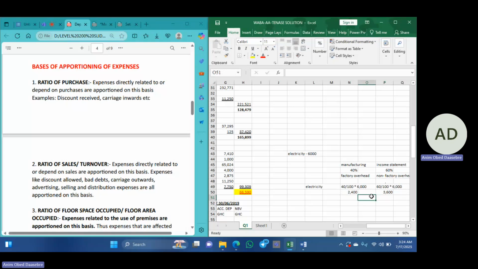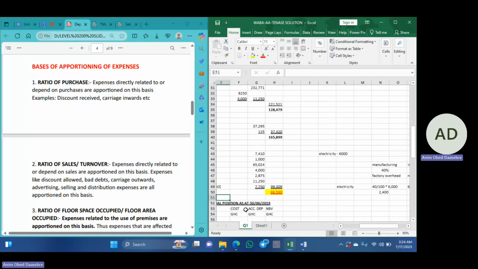When you add them, you see that we get 6,000. So this 3,600 will go toward the income statement as the electricity figure, and 2,400 will go toward the manufacturing account under factory overheads.